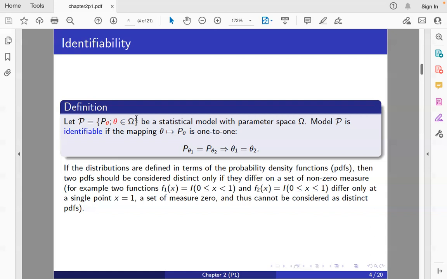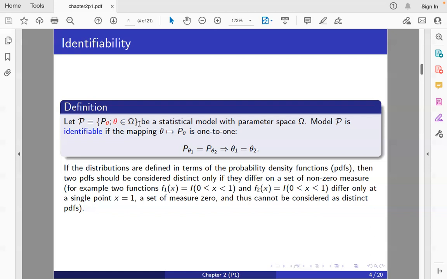You have a theta space and a function space, and a map between them. This should be one-to-one.